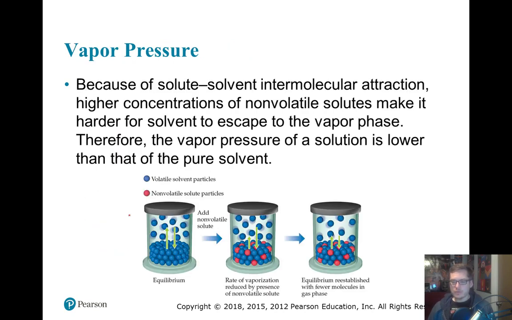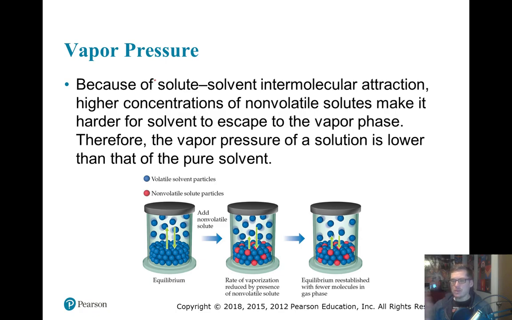Okay, so first up is vapor pressure, and we talked a lot about vapor pressure a couple of videos ago. Whatever solvent or liquid you're looking at, every once in a while you're going to have enough kinetic energy that one molecule or two molecules or three molecules are going to be able to become a vapor.